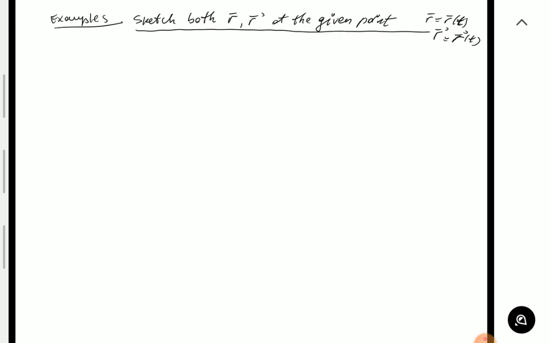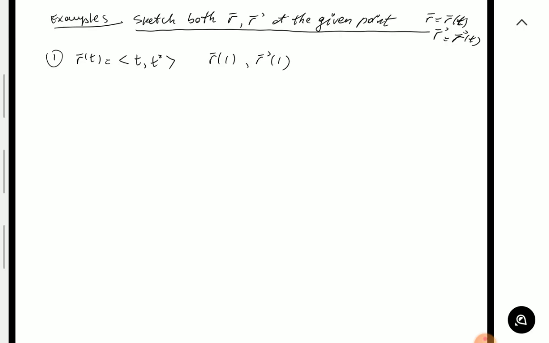So let's suppose in our first example, let's say r of t is equal to t and t squared, and I want to sketch r of 1 and r prime of 1.